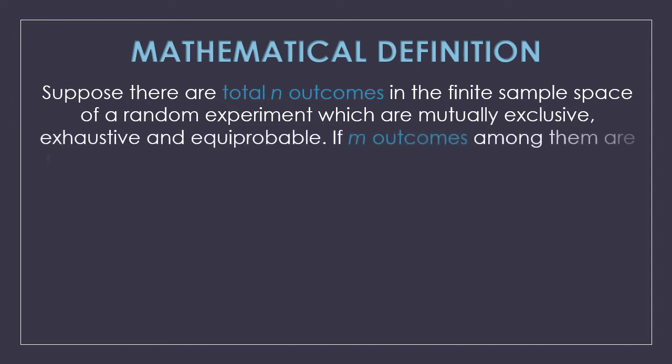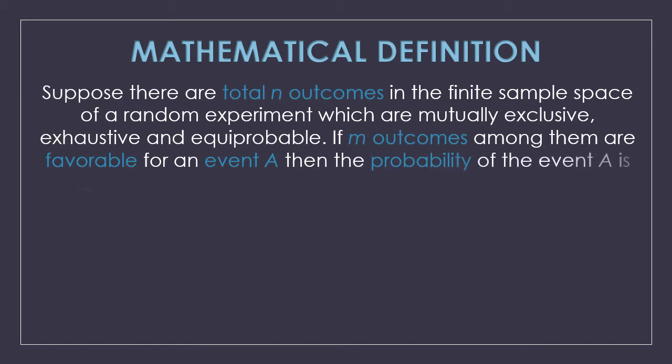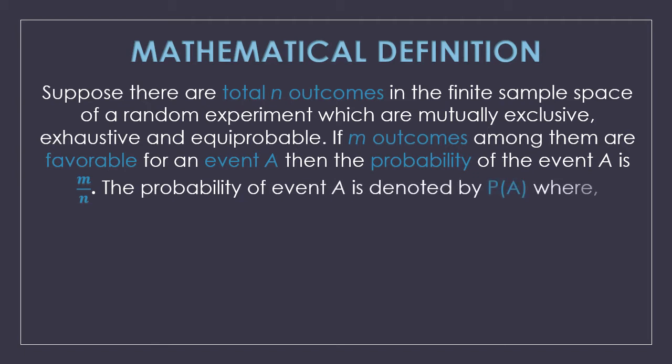If m outcomes among them are favorable for the happening of an event A, then the probability of the event A is written as m upon n. The probability of event A is denoted by P(A). Okay, so n is the total outcomes, m is the favorable outcomes, then the probability is m upon n.